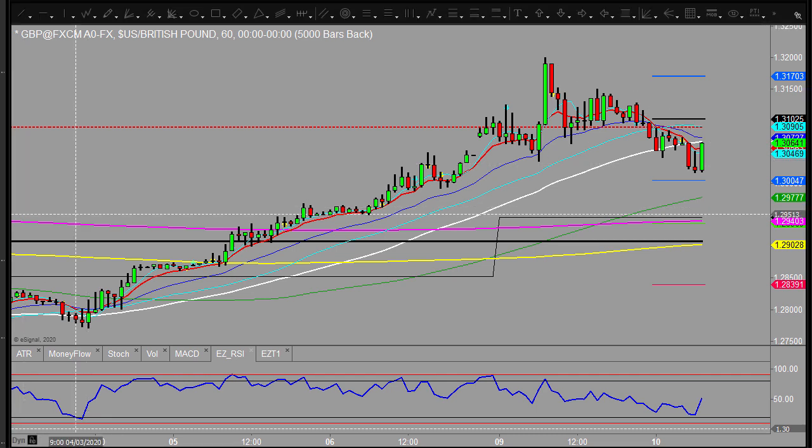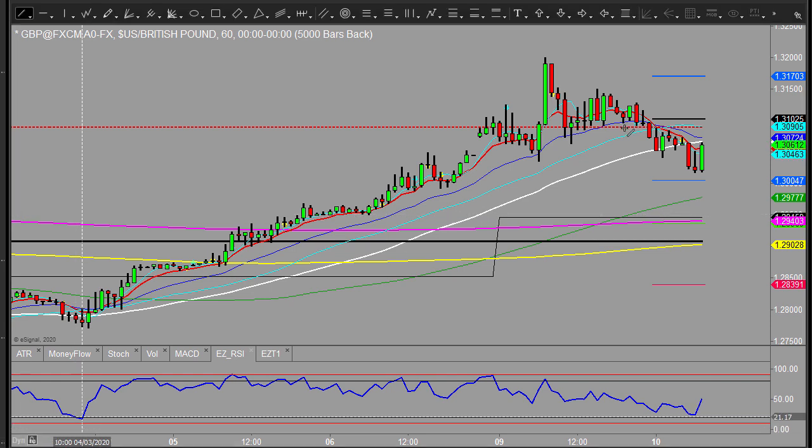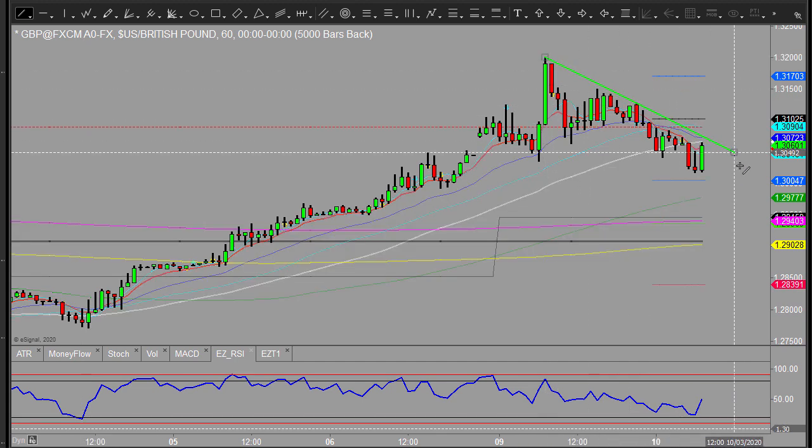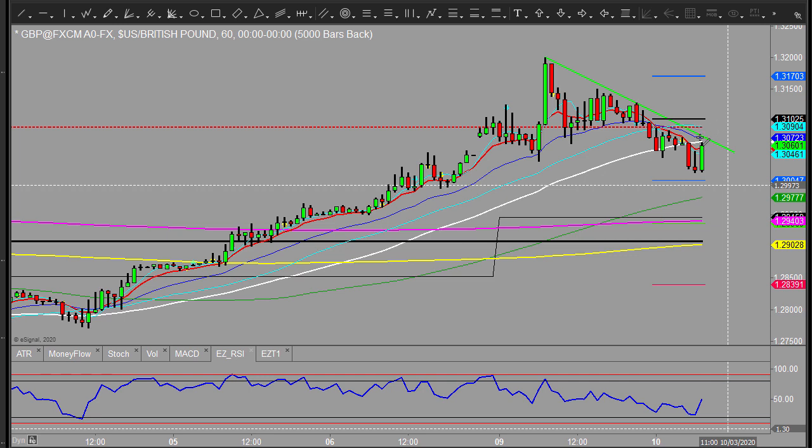Let's just see if I can get a bit of a drawing tool on there. This looks encouraging, the drawing tool's working for a change. There we go. So maybe post 8 o'clock, if we manage to get above this area, it may be a bit more bullish. It's not quite hit its S1 there.